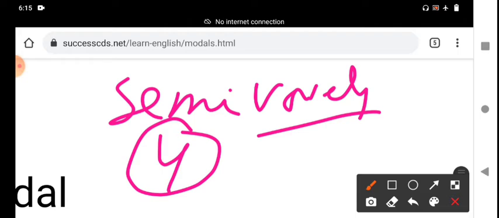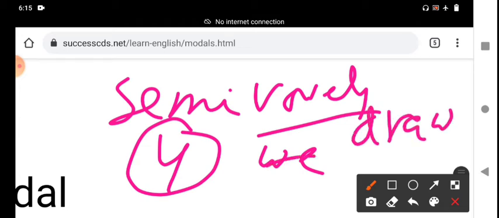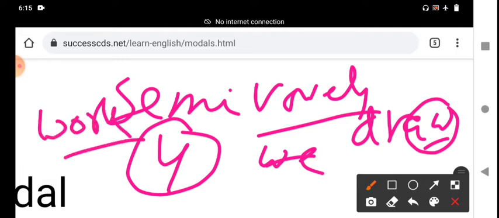W is also a semi-vowel. For example, "draw": it functions as a vowel, with no pronunciation, a silent letter. That's why it is a semi-vowel. In "work", it is a consonant sound. It functions as a consonant and as a vowel. That is called a semi-vowel. Y also, for example, "baby".